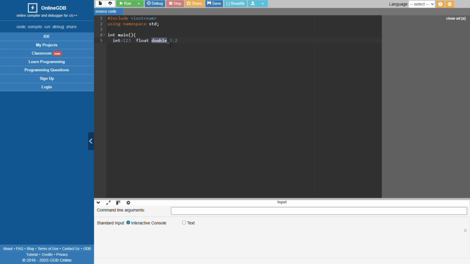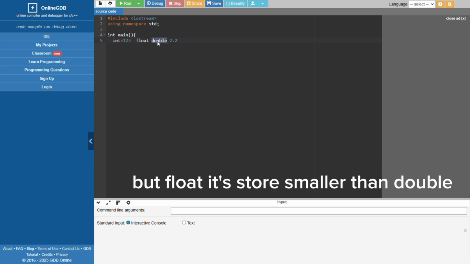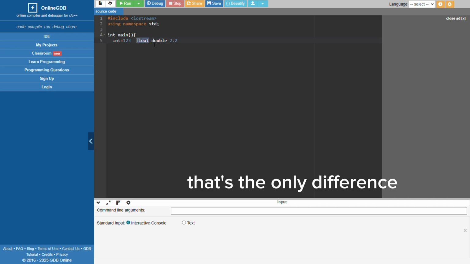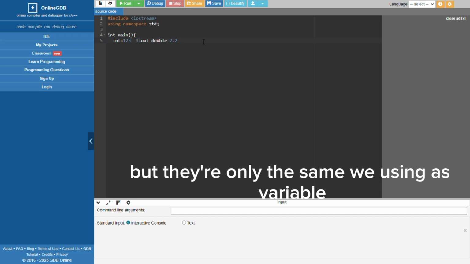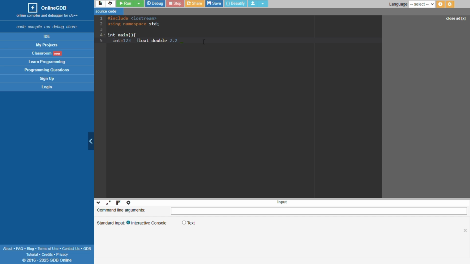But float stores smaller than the double. That's the only difference, but they are otherwise the same, we use them as variables.